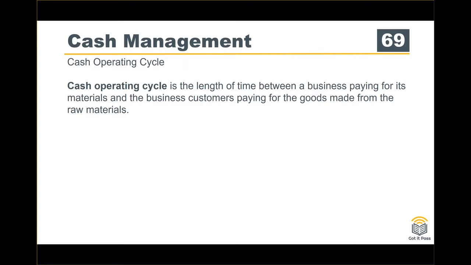Okay, we just shared with you the working capital requirements. So next part is about the cash operating cycle. The cash operating cycle is the length of time between a business paying for its materials and the business's customers paying for the goods made from the raw materials.